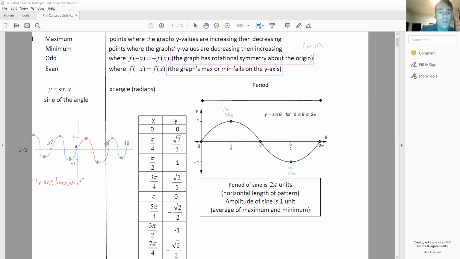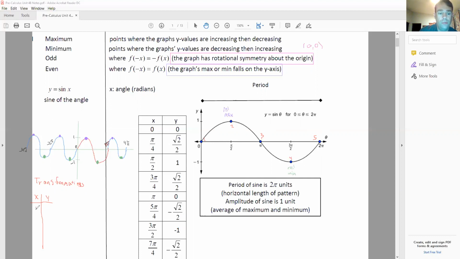We're going to use our values of x and y, and then we're going to transform them. And the nice part is, there are 5 points that are very important, for both sine and cosine. We're going to spend our time at the beginning looking at sine, but when we move to cosine, it's going to be the exact same thing. All that changes is the points we start off with.